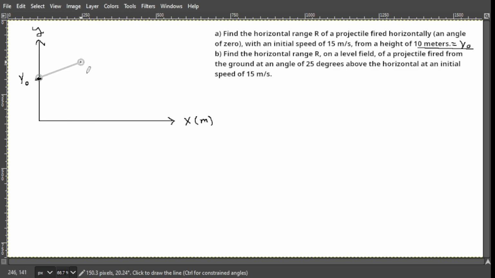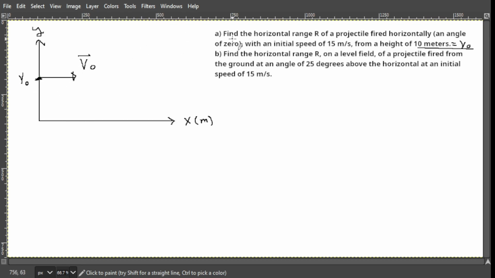The angle gets smaller and smaller, until finally when you fire horizontally, the angle is 0. So here's my initial speed, v0, or my initial vector, which has a speed 15 meters per second. And what can we say now? That's the initial velocity vector, and it only has an x component.